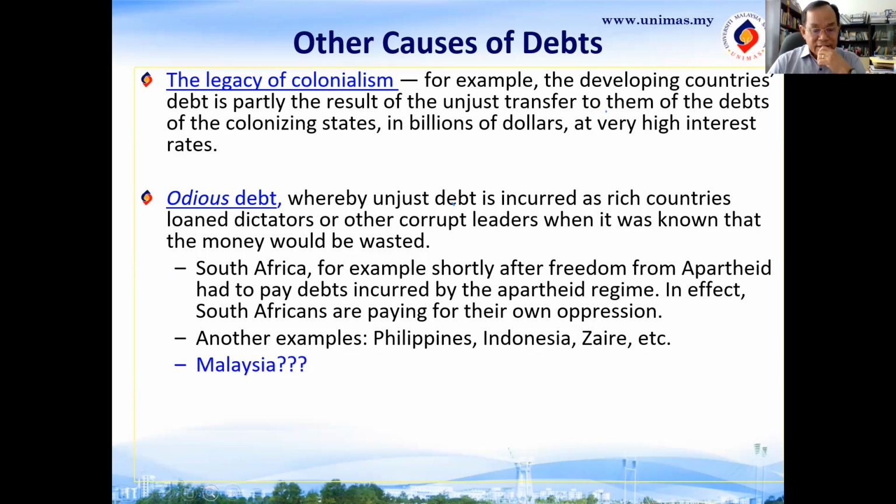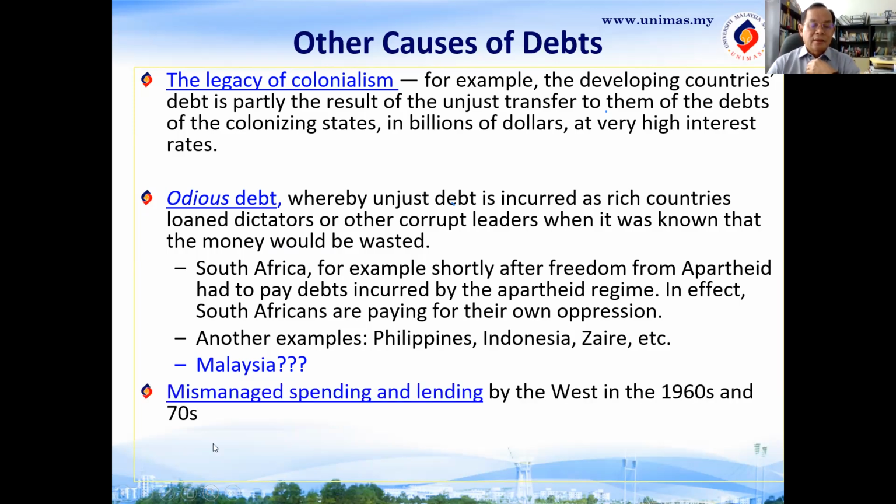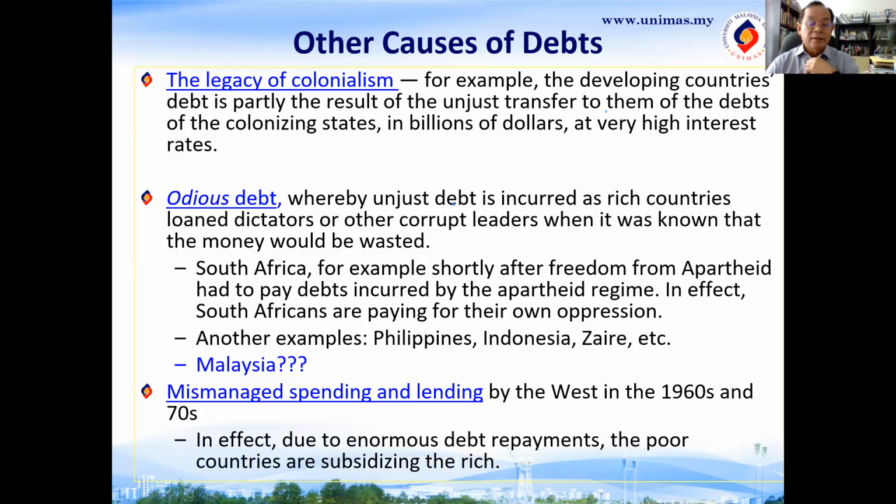Malaysia, I just put a question mark there. I think if you read some recent history of Malaysia, it also shows that there are similar problems. The other cause of debt is mismanaged spending and lending by the West in the 1960s and 70s.